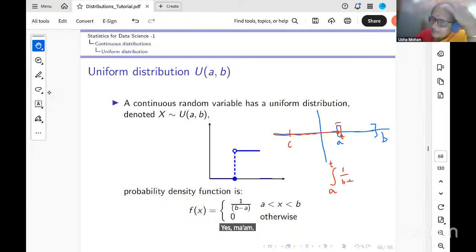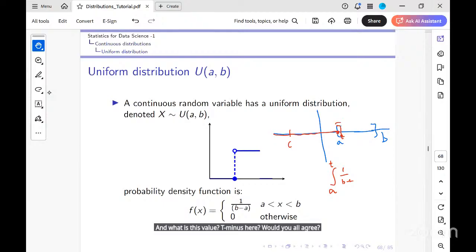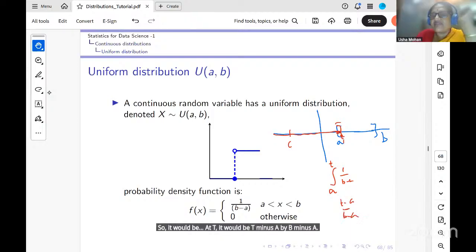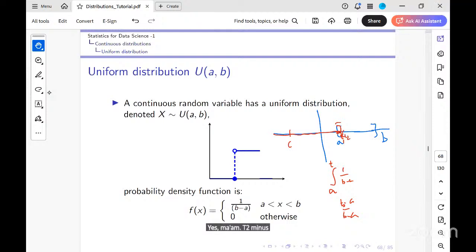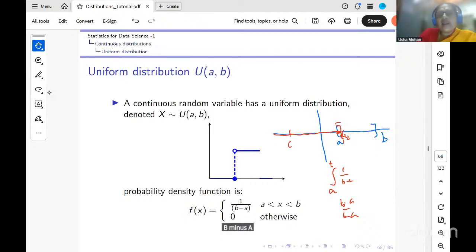T minus A. Would you all agree? So at T, it would be T minus A by B minus A; at T1, T1 minus A by B minus A; at T2, T2 minus A by B minus A. So I can write this as T1 by B minus A minus A by B minus A.